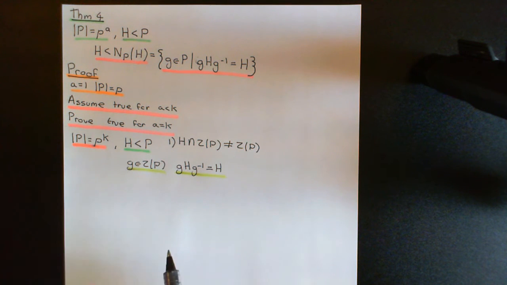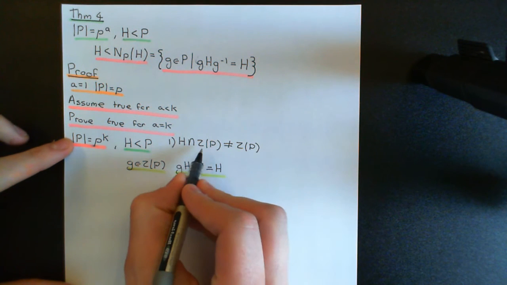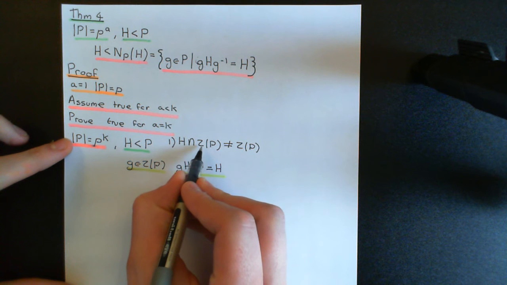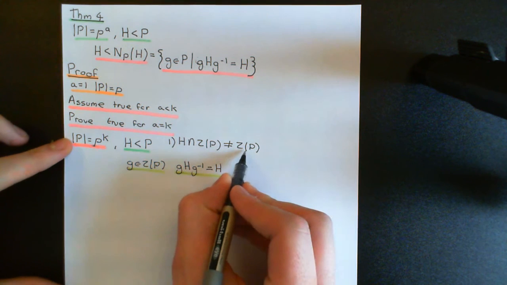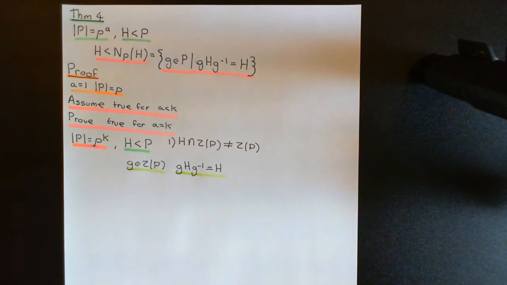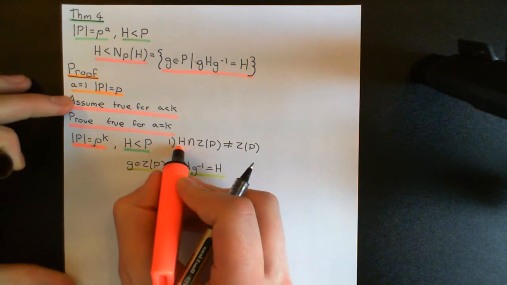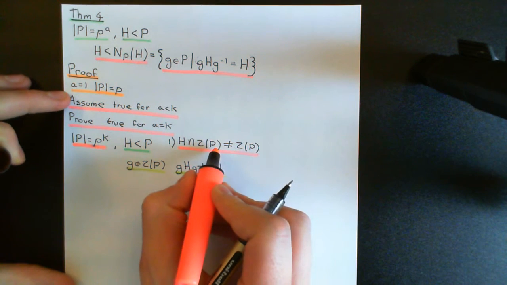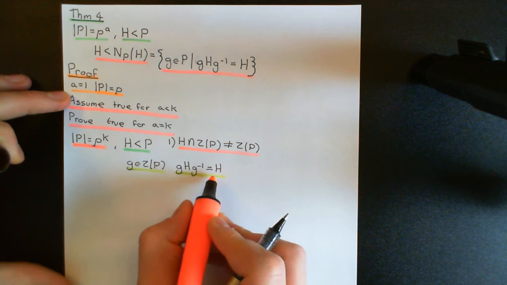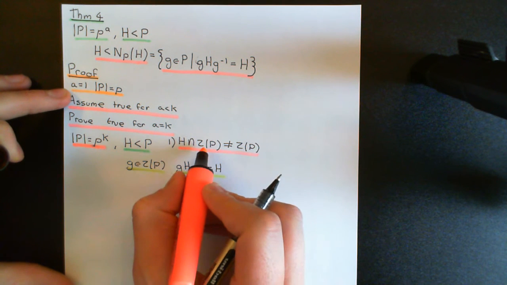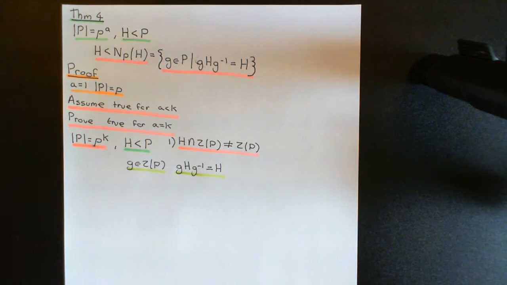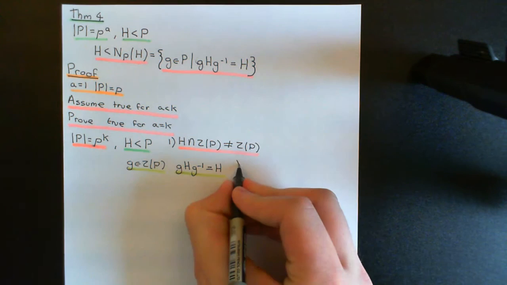So indeed, when you conjugate the entire subgroup by any element of the centre, of course it fixes it. So if not all the elements of the centre are in capital H, i.e. if you intersect them together you do not get the entire centre back again, then those elements of the centre are going to be in the normalizer of H in P, as I've shown you here. So you'd have an element in the normalizer of H in P that was not in capital H, and you'd be done. So case 1 is the easy case.